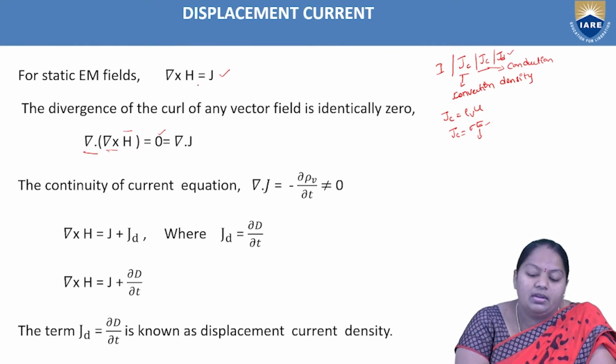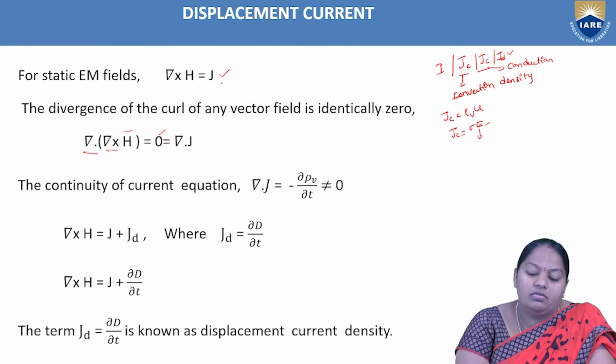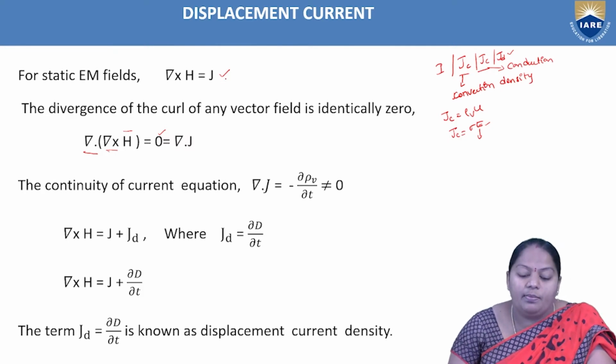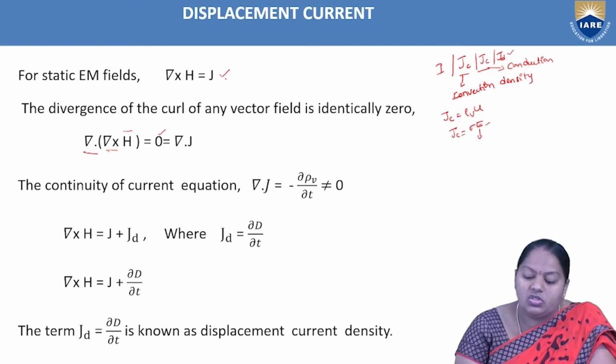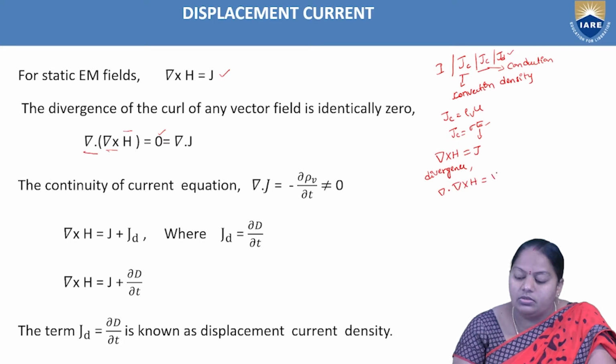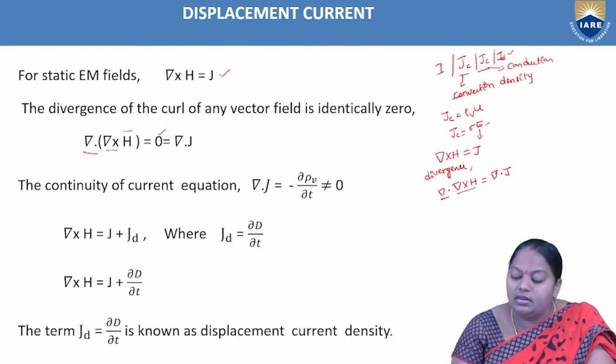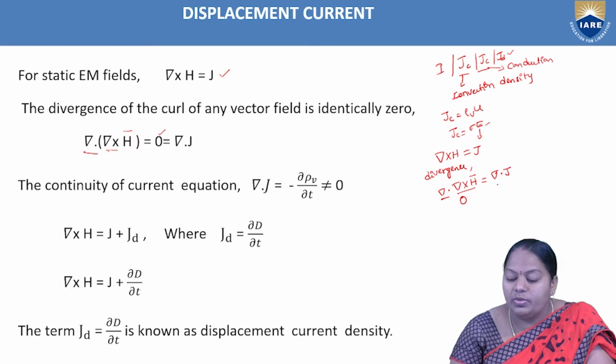Now consider the static magnetic field Ampere's Circuital Law, del cross H is equal to J, as one of the equations. If we apply divergence on both sides, then del dot del cross H is equal to del dot J. But according to vector analysis, the divergence of the curl of a vector field is 0. If the left-hand side is 0, then automatically the right-hand side must be 0.